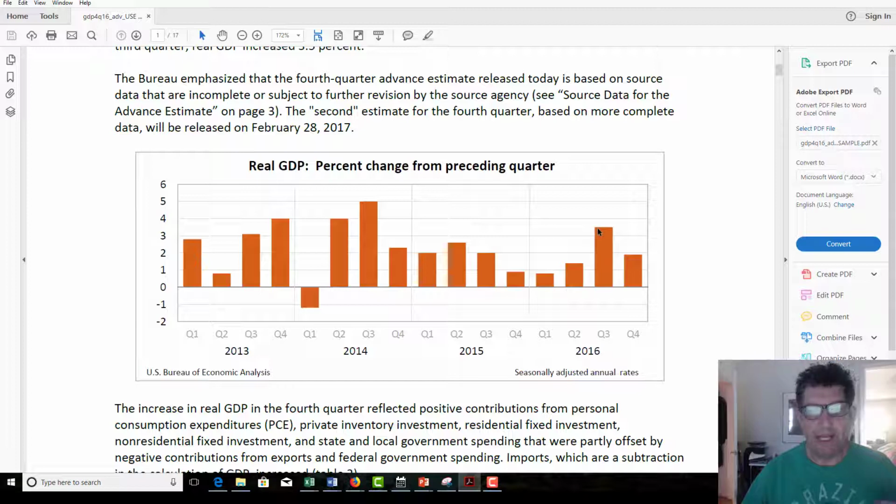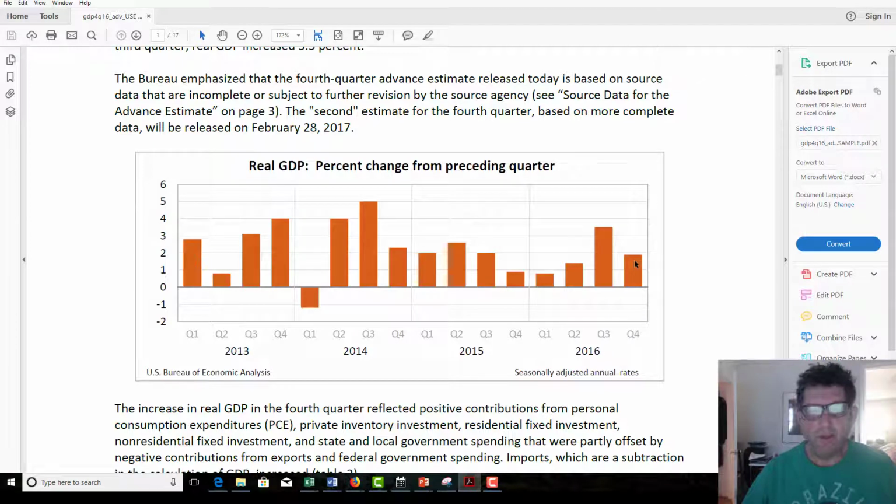What that says is that if the economy had been growing relative to the previous quarter at the same rate for 4 quarters, the yearly growth rate of GDP, that's the annual rate, would be about 3.3%, which is pretty good, you can see.